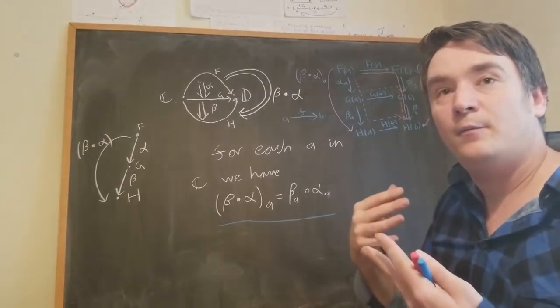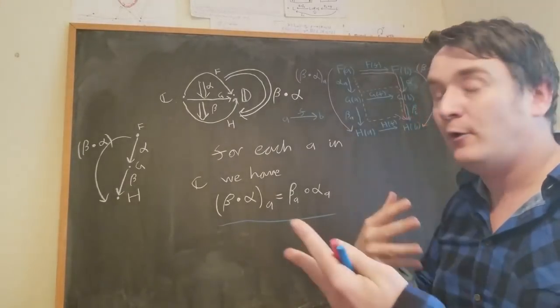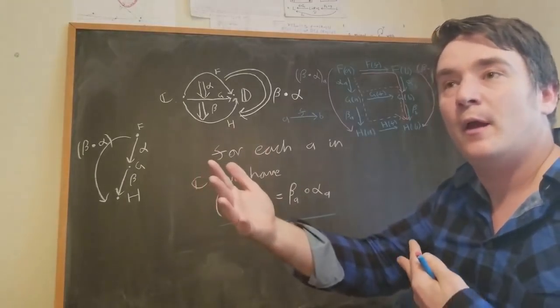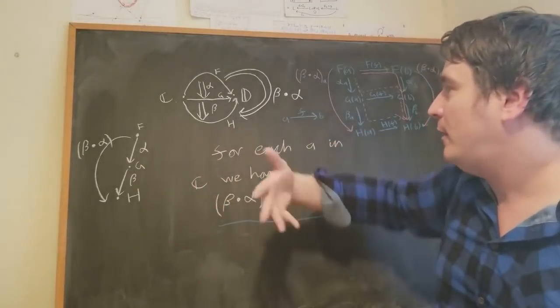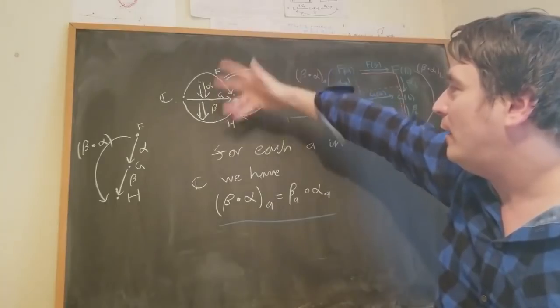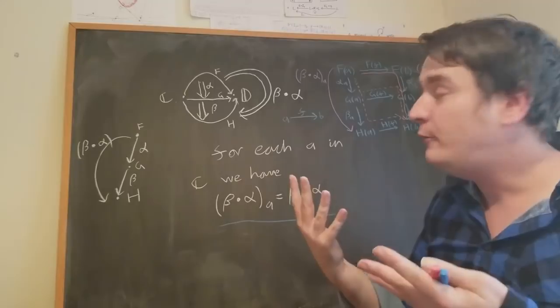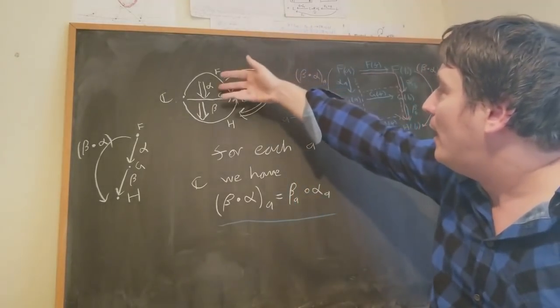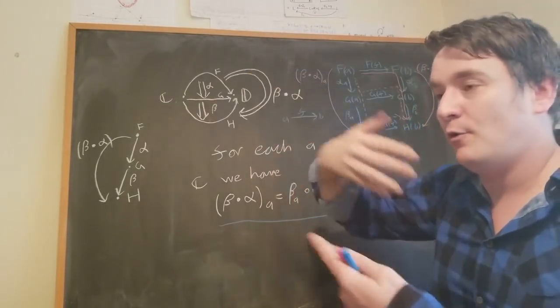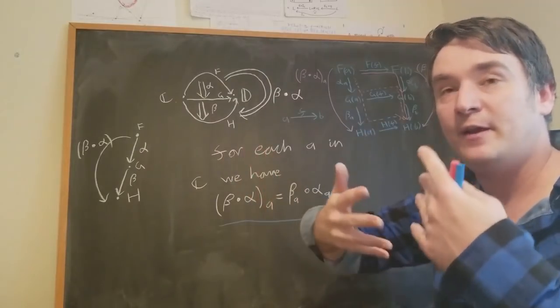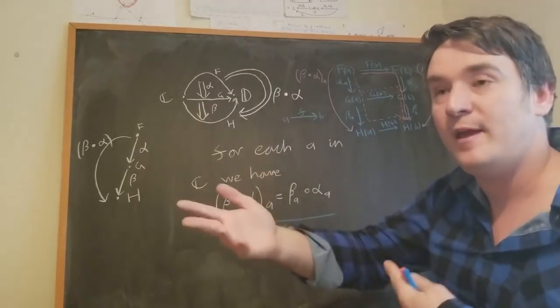Okay, so I've told you we can compose these natural transformations vertically. I'll leave it up to you to check that composing these natural transformations vertically is an associative thing.